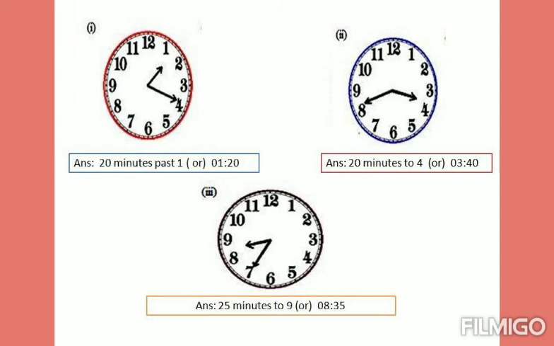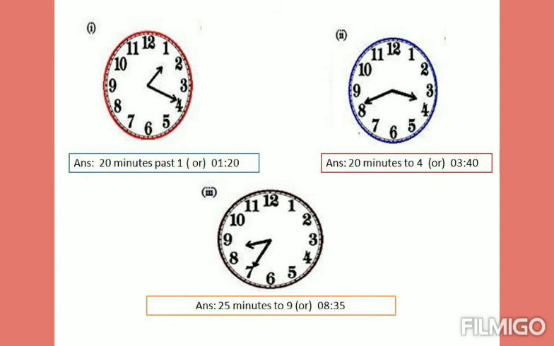Okay, and here is another example. In the first clock, you have seen the minute hand at 4 and the hour hand between 1 and 2. So after 1 o'clock it has covered 20 minutes, so you can read the time as 20 minutes past 1. It can also be read as 1:20.